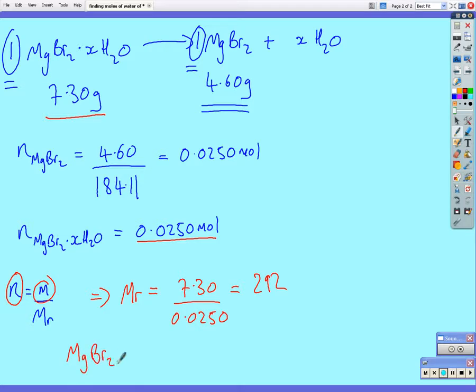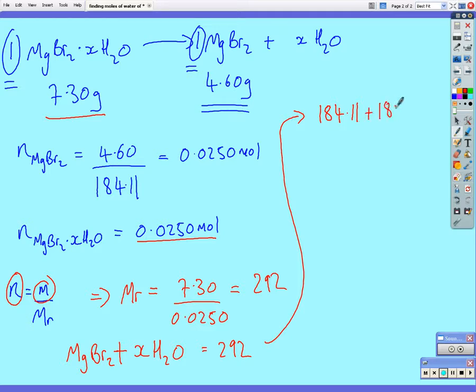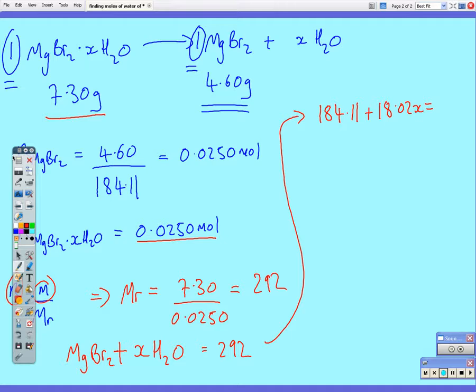The Mr of MgBr2 plus however many moles of water in the salt is equal to 292. I'm going to move up here, excuse me, I've run out of space. So now we know, if we form that linear equation, that 184.11 plus 18.02x equals 292.